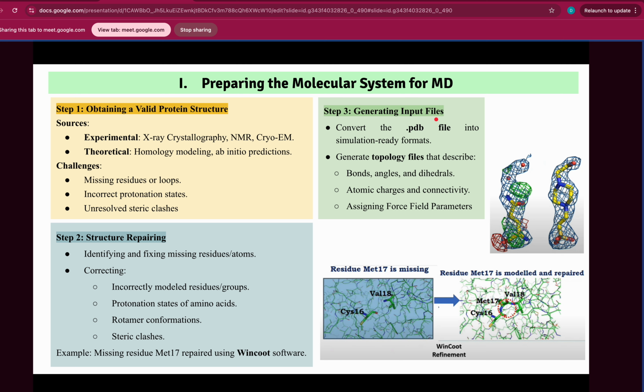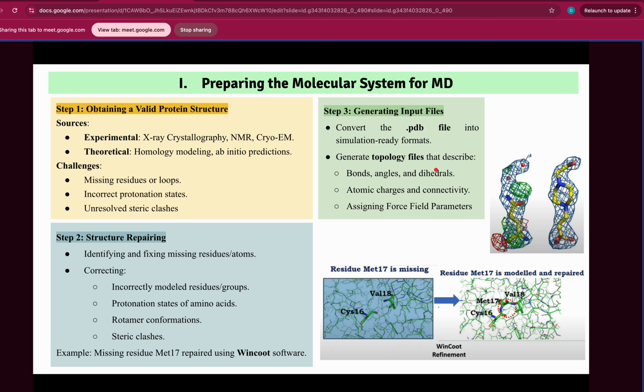Then generating input files. So we convert this PDB file into simulation-ready format. The PDB file is what we put into our MD simulation software, but MD simulation software needs some simulation file. It does not directly work on the PDB file, so we need to make some changes.